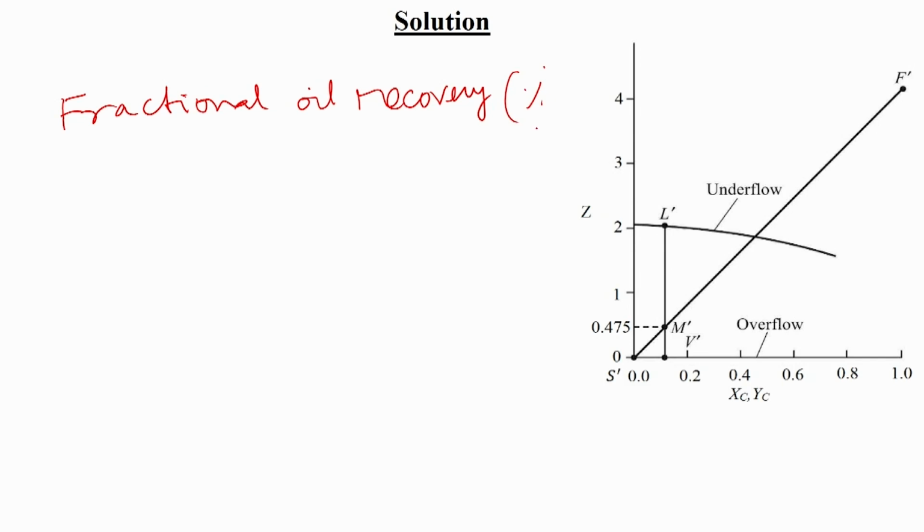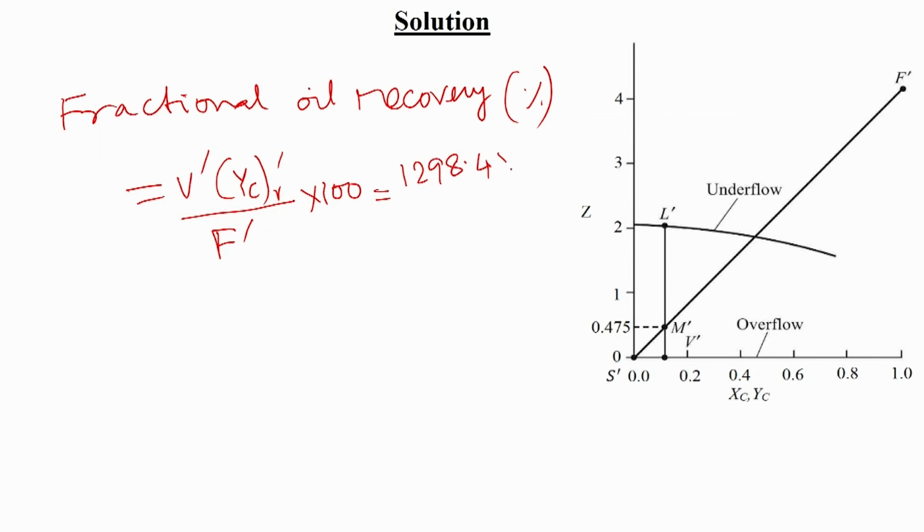In percentage it will be V prime into YC V prime divided by the F prime we have, into 100. Okay. So, that is coming out as V prime is 1298.4 into YC V prime is 0.115 divided by 195, into 100%.